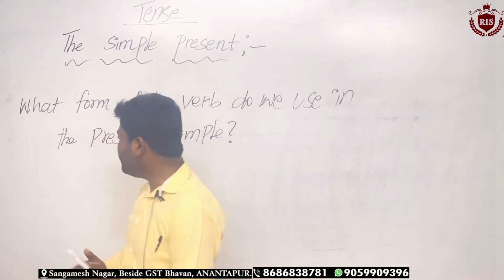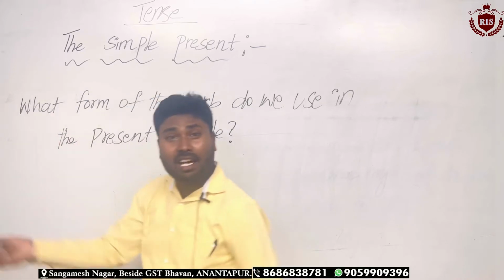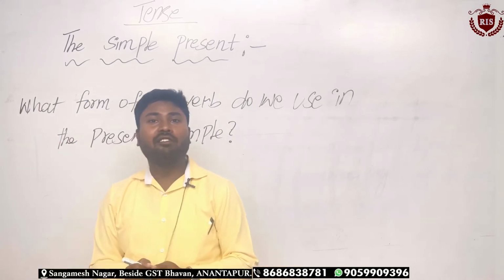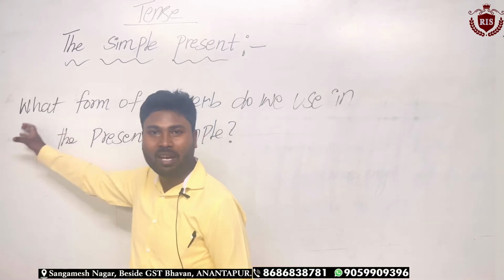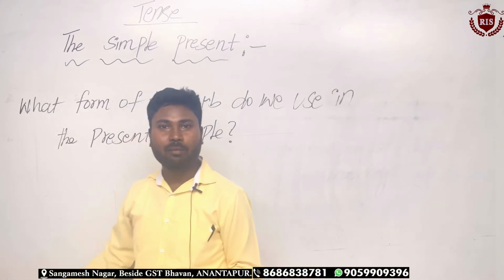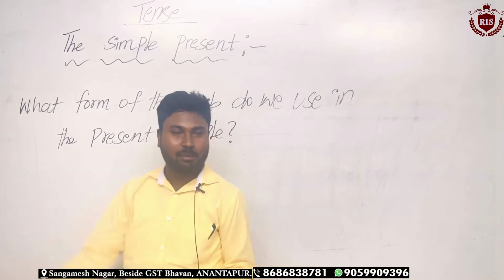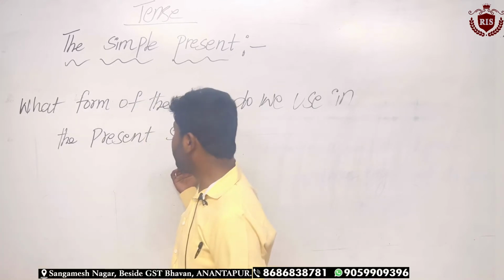In our previous video we have learned the different forms of the verbs, right? The infinitive form of the verb, the simple past form, the present participle form, and also the past participle form.